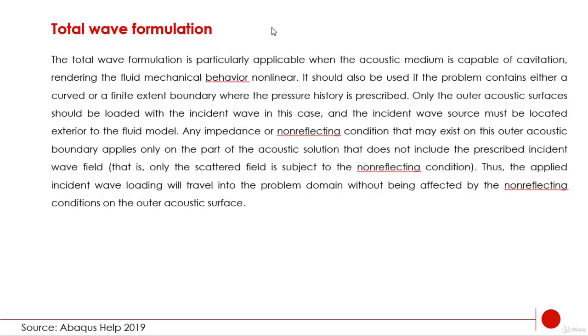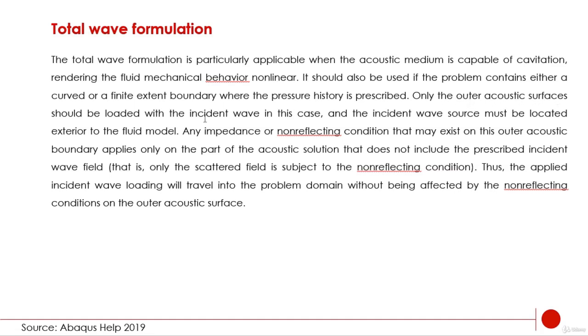So for the total wave formulation, this model is particularly applicable when the acoustic medium is capable of cavitation, rendering the fluid mechanical behavior nonlinear. It should also be used if the problem contains either a curved or a finite extent boundary when the pressure history is prescribed.